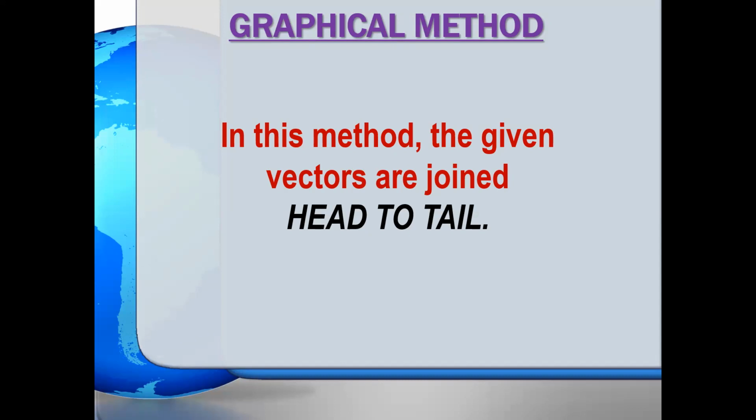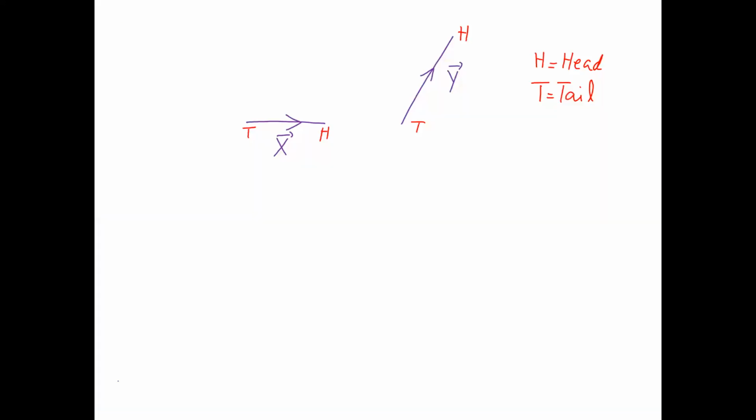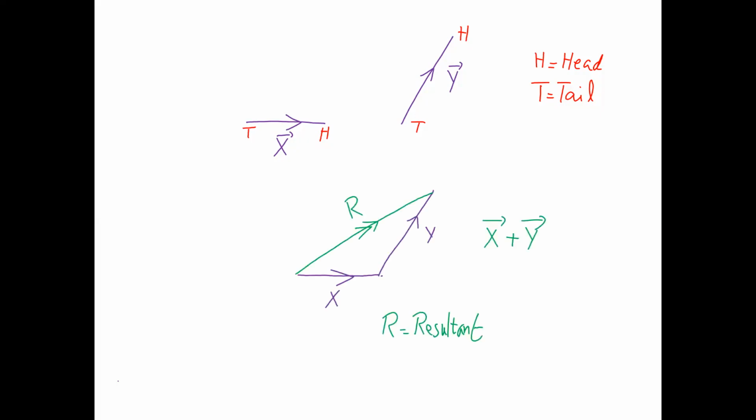Done, sir. Now, look at this thing to recall. This is the vector, and the head to tail method was known by the idea that you connect the vectors in such a way that one vector's head comes on the tail of the other vector.